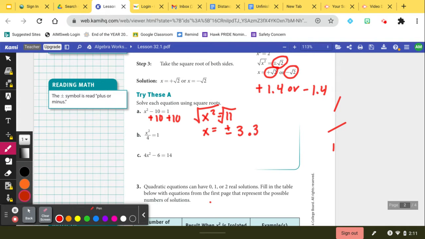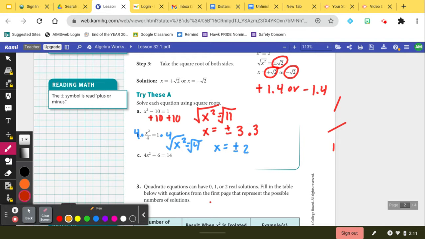I can do the same thing with b. I need to get the x squared on its own, so I need to get rid of this dividing by 4, so multiply by 4. So x squared is equal to 4. Square root both sides. So we can actually square root 4, which would get the positive or negative version of 2.